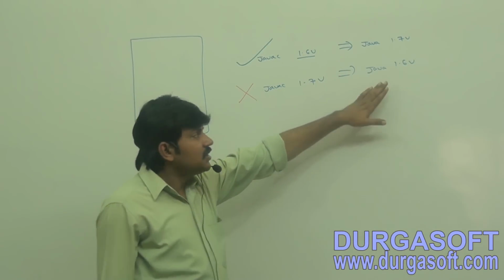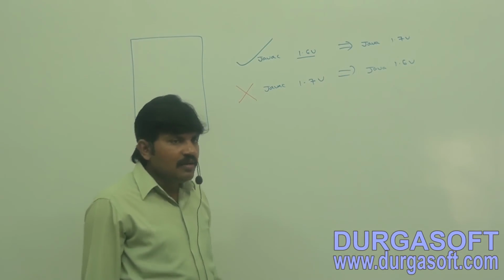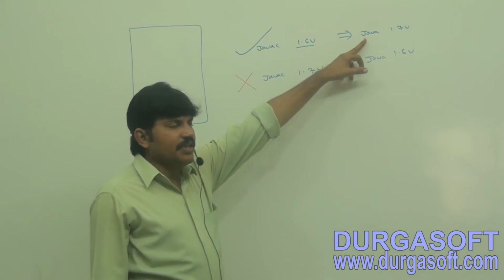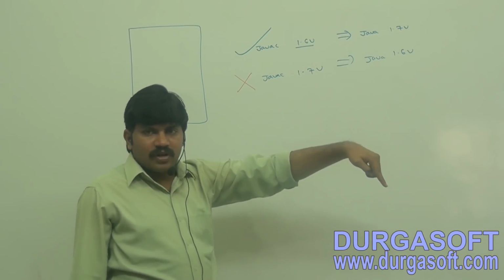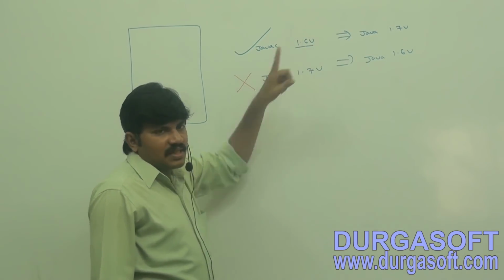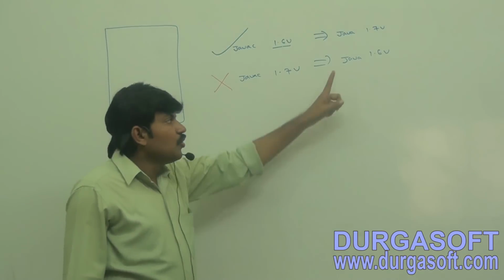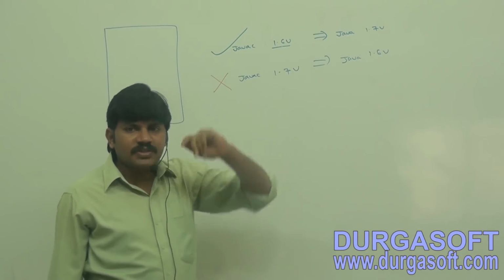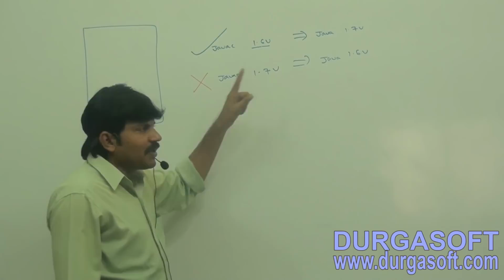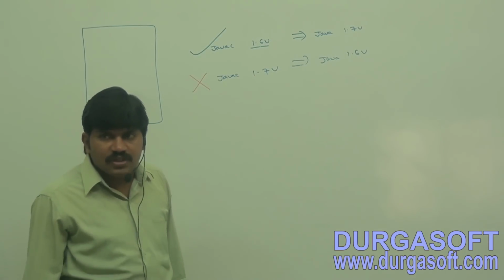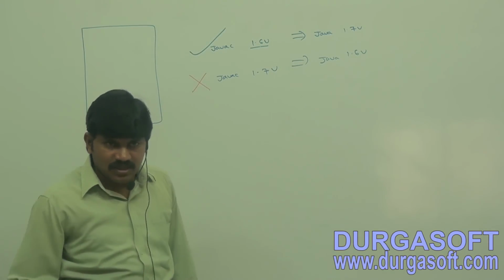A higher version JVM can support .class files generated by a lower version compiler, but a lower version JVM can't support .class files generated by a higher version compiler.